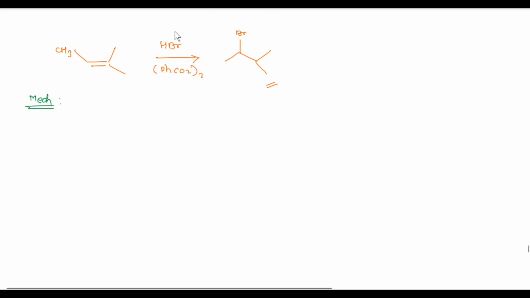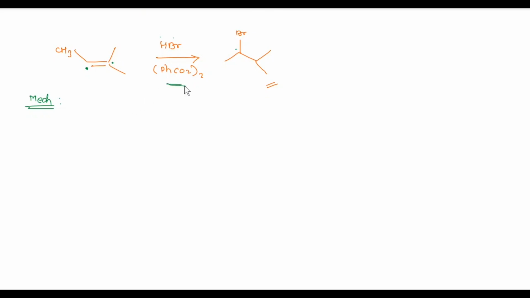Here you can observe this is anti-Markovnikov addition in which this Br is attached to the carbon atom which has more number of hydrogens, and hydrogen is attached to the carbon atom which has less number of hydrogens, or here no hydrogen.